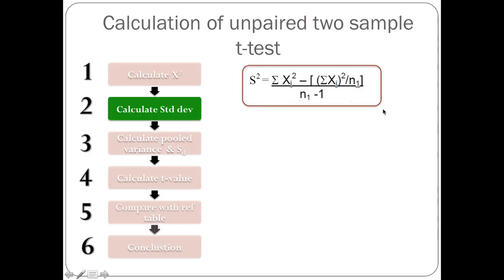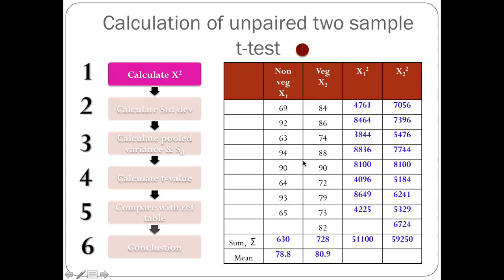Remember that this is an unpaired two-sample t-test, so therefore you need to calculate the standard deviation separately for each group. So bring all the formula in, it is quite simple. For S1 square, what you obtain is the sum of x1 square, which is here, 51,100, okay?